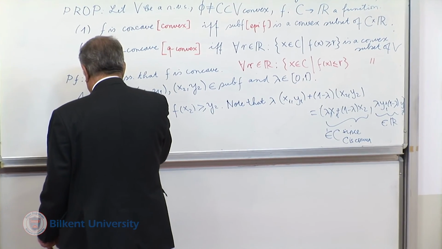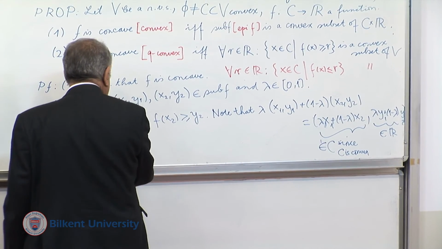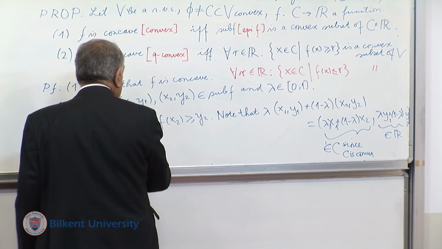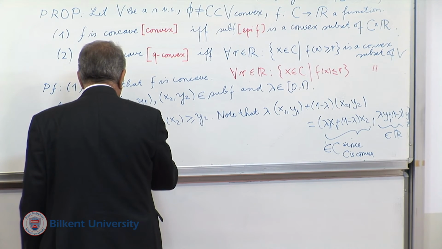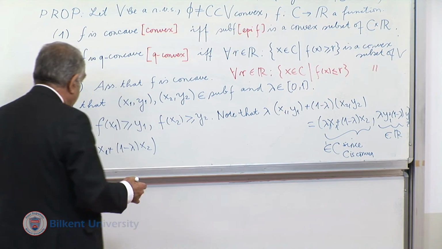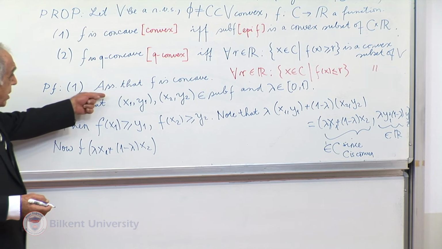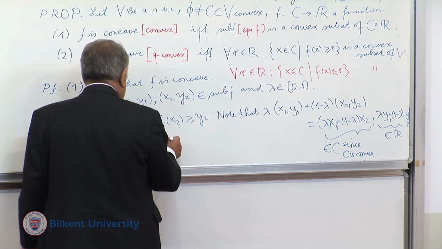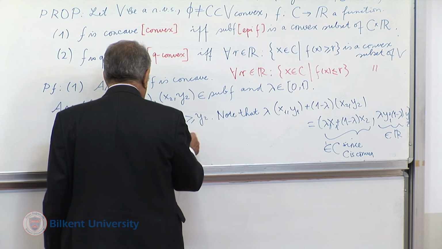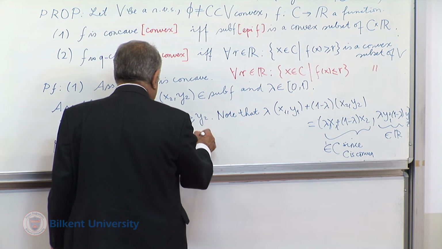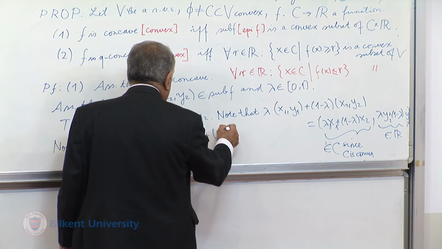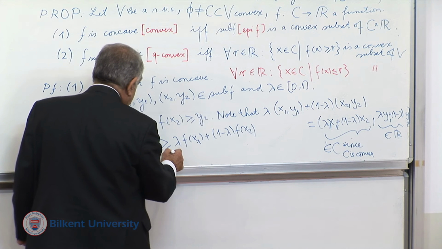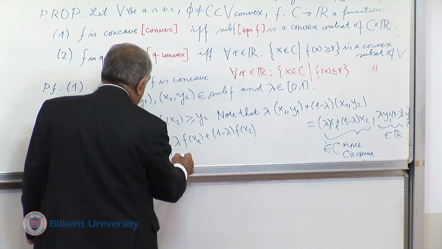Now, f of lambda x1 plus 1 minus lambda x2. What's our assumption about f? That it's concave. So this is larger than or equal to lambda f of x1 plus 1 minus lambda f of x2. This since f is concave.